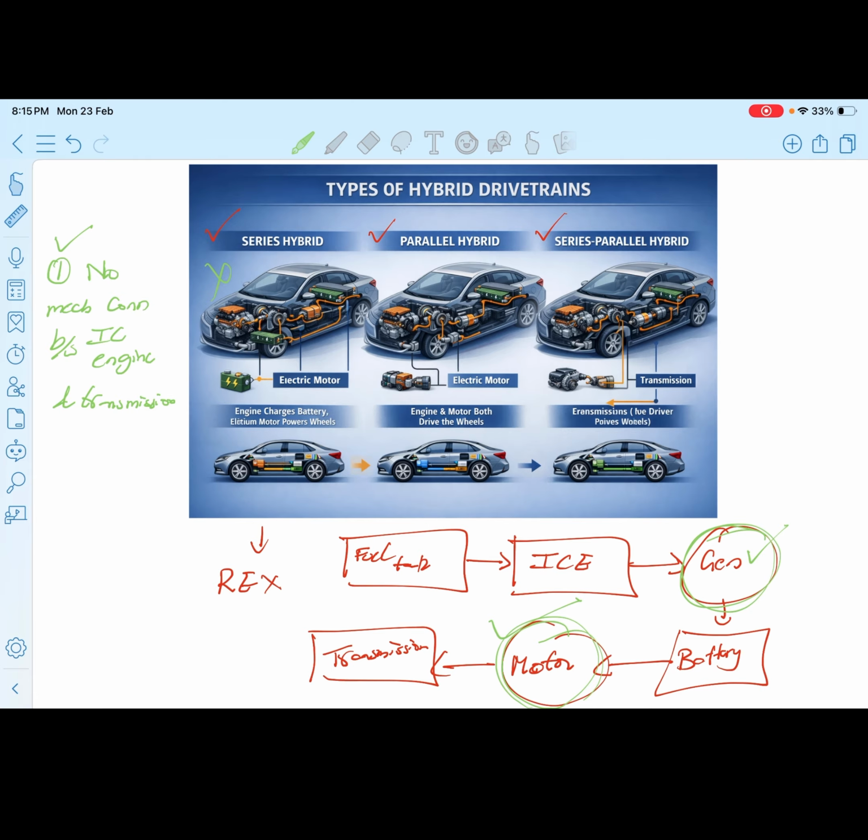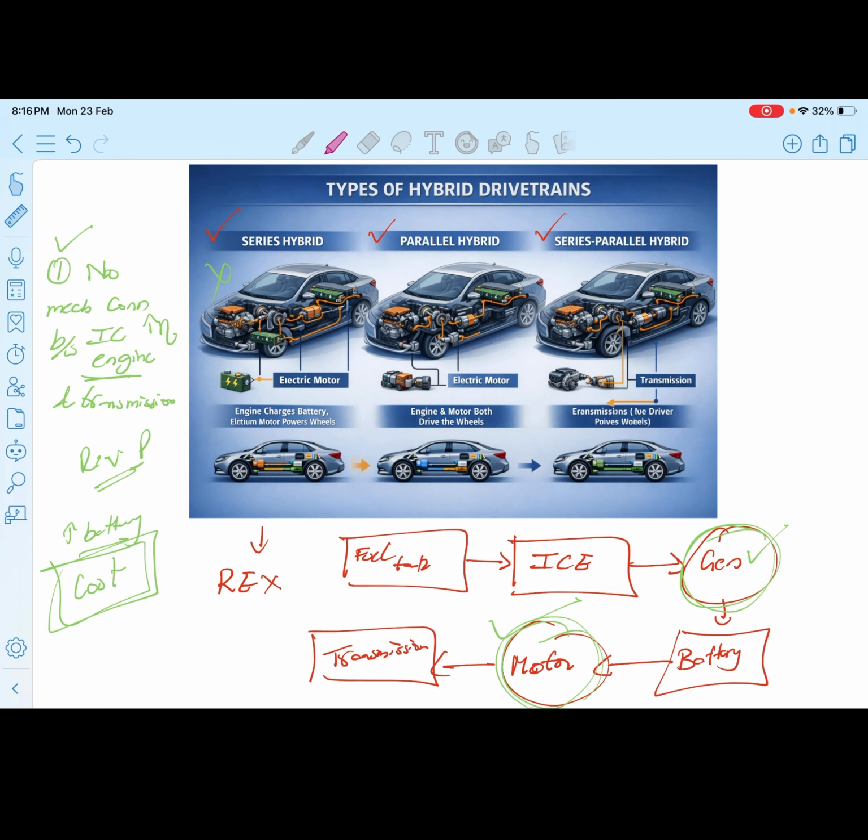That means your engine can operate at its maximum efficiency and still satisfy whatever power requirement the vehicle has. But there's a disadvantage: the larger battery is very expensive, so cost is a big disadvantage in the case of series hybrids.